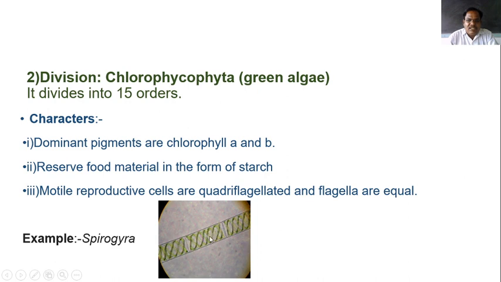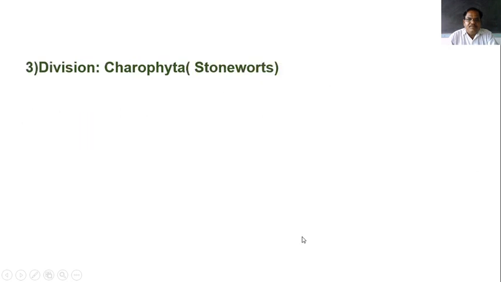A single nucleus is present in each cell, suspended by a cytoplasmic strand, with a well developed cell wall. On the ribbon shaped chloroplast there are a number of pyrenoid bodies. These are the actual characters of this one.